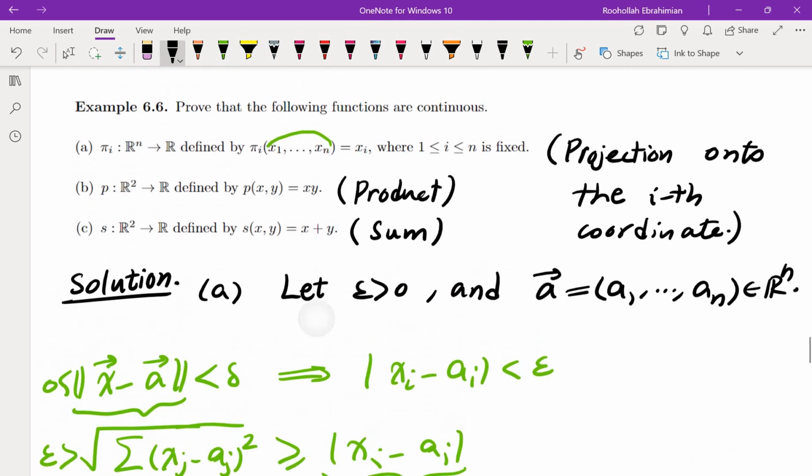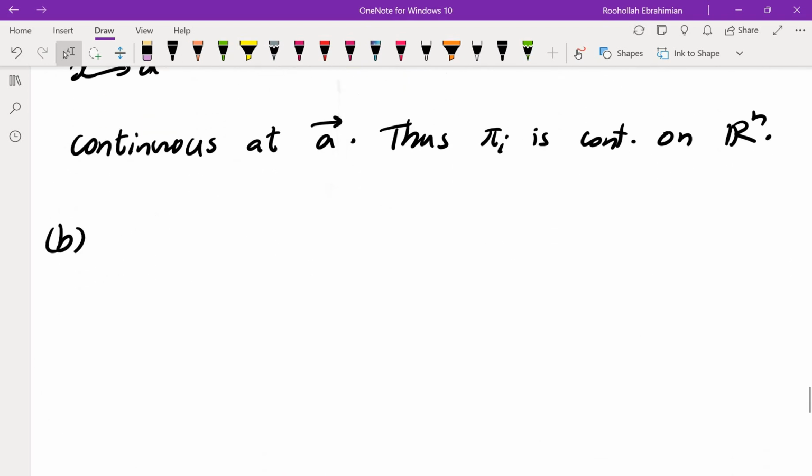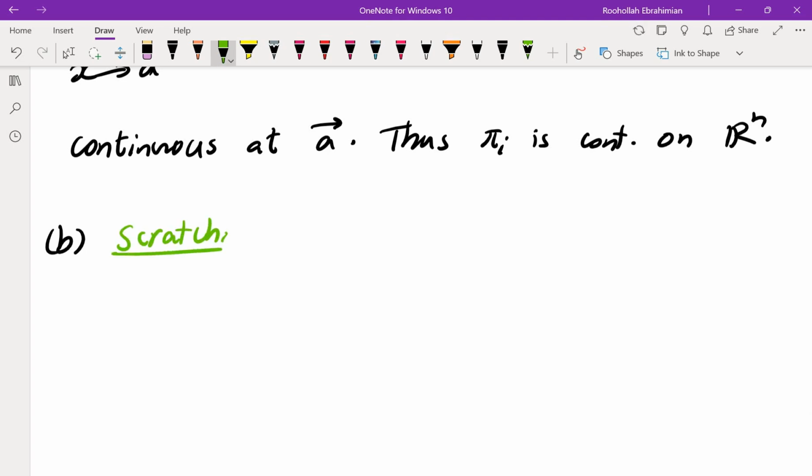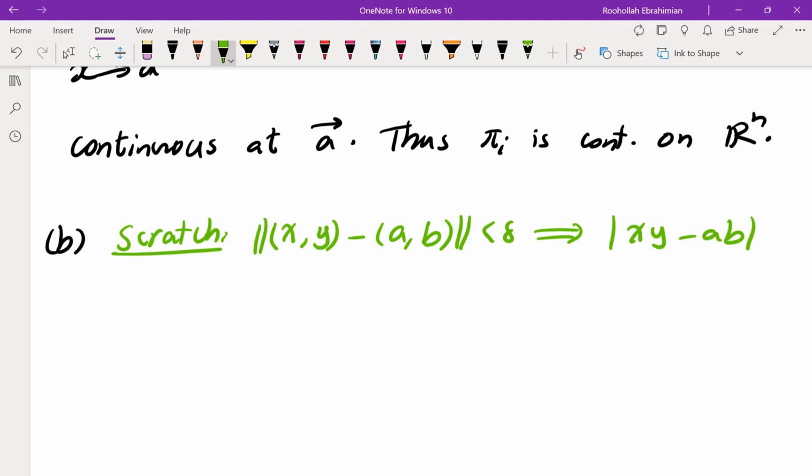Next, we want to show that the product is also a continuous function. So the objective, again scratch work, would be: we want to show if the distance between x comma y and a comma b is less than delta, then the absolute value of xy minus ab would be less than epsilon. So that's our objective.